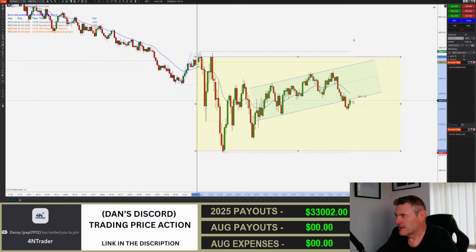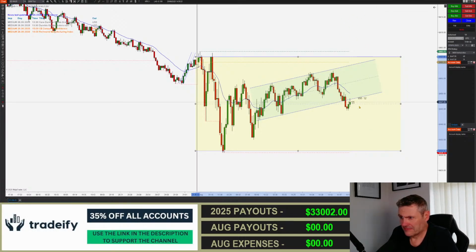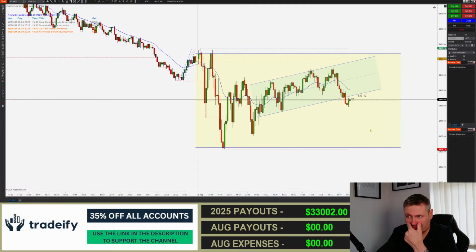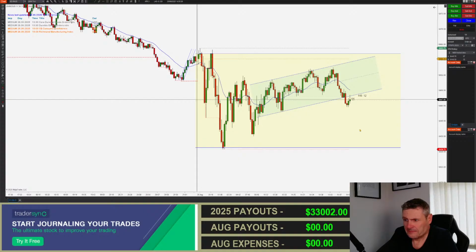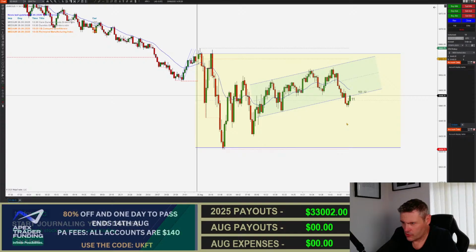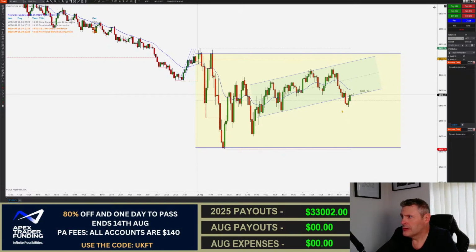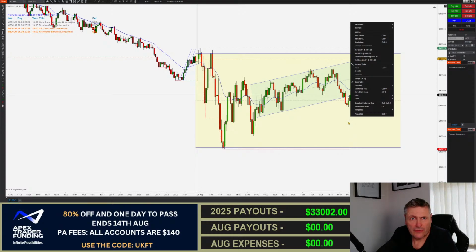Right, second entry long. I'm not sure what I'm looking at, really. A different, I might not have reloaded mine, that's why.